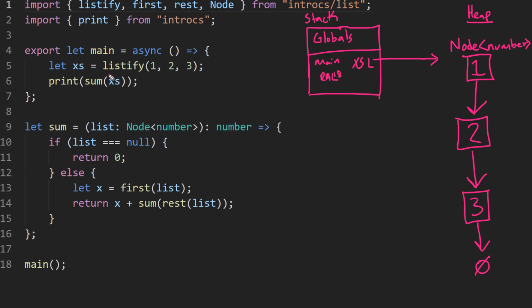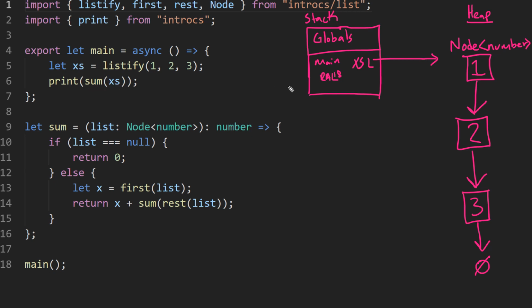So when we see listify in a given environment diagram question, we can assume that those nodes will be set up for us, and you're going to have on the heap some objects that look like this. Now, of course, these objects have properties like a next property and a value property, but we're abstracting those details away when we're thinking about this in terms of just these four functions, right? So xs is just a list, 1, 2, 3. And we're ready to continue on.